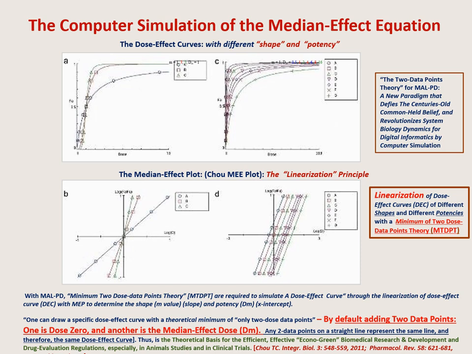These two doses are dose 0 and the median effect dose. Thus, MAL theory leads to efficient, cost-effective, econo-green scientific R&D. It is especially beneficial in animal studies and clinical trial protocol design, digital data analysis, and quantitative conclusions.